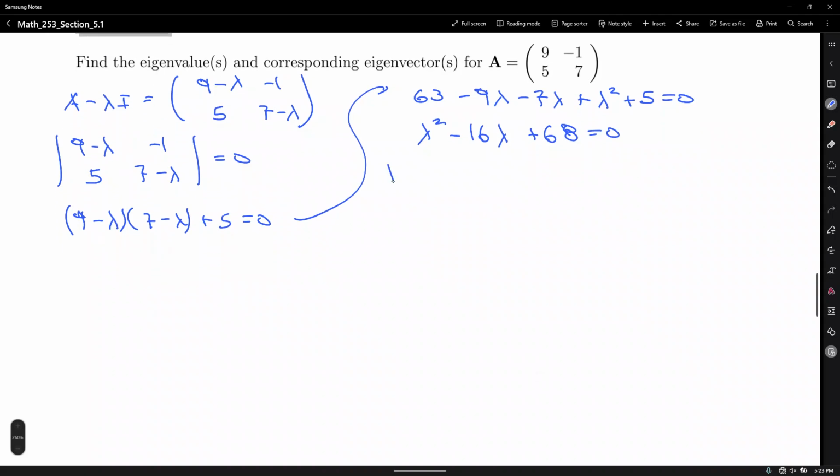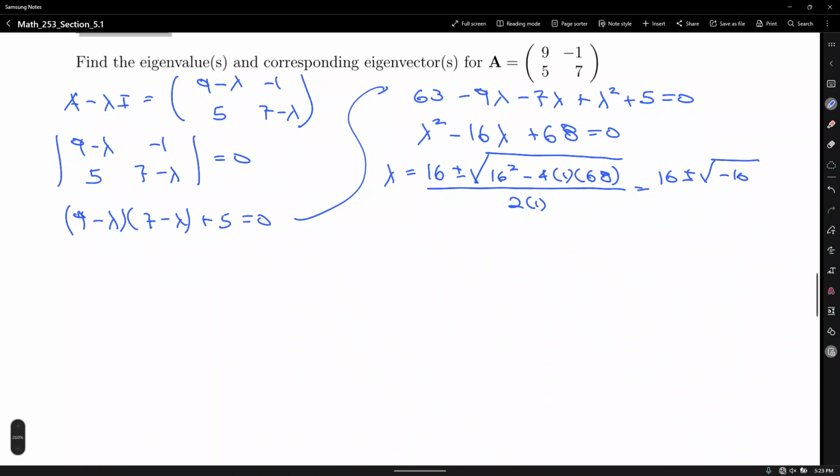Quadratic formula. So lambda equals 16 plus or minus the square root of 16 squared minus 4 times 1 times 68, everything divided by 2 times a, which is 2 times 1. That is 16 plus or minus the square root. Simplifying all the numbers inside of the radical should give us a negative 16.